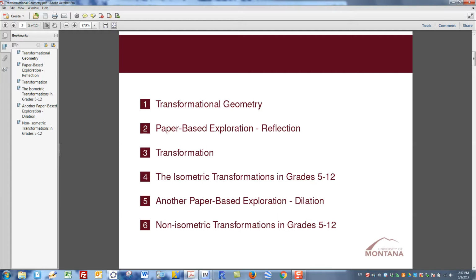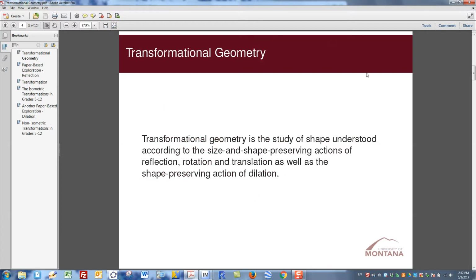Then I want to go on and talk a little bit about, well, what is a transformation, the general definition for this big umbrella term transformation, and then talk about the isometric transformations in grades 5-12, do another paper-based exploration on dilation, and then talk a little bit about the non-isometric transformation in grade 5-12.